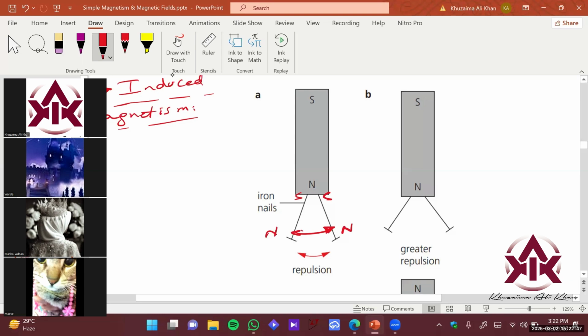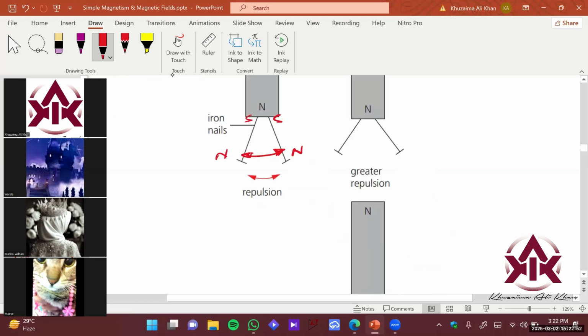To make it more pronounced, you can bring in the north pole of another magnet, so you have stronger repulsion between these two ends, and you can visualize the effect of repulsion between dipoles. We had south here, north here. Now these would repel more strongly since we also have a north pole here, right?